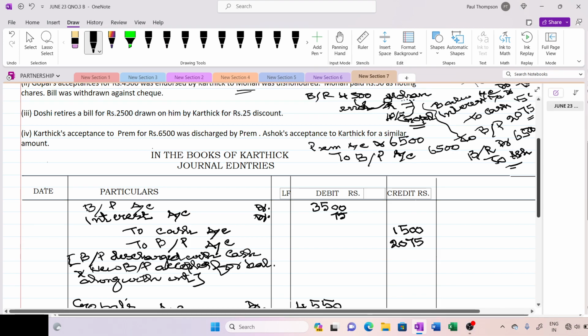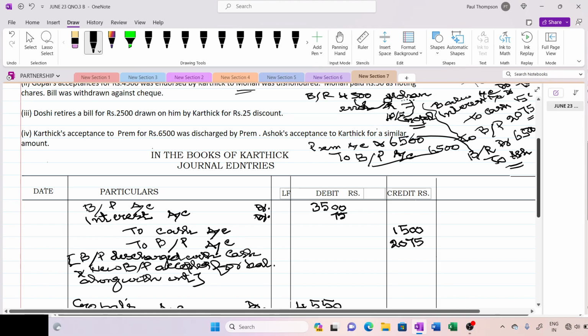Okay. So this was the entry for this. So now what happened? This Karthik is discharging the payment to Prem by giving this BR to this fellow. So now he will debit this bills payable.